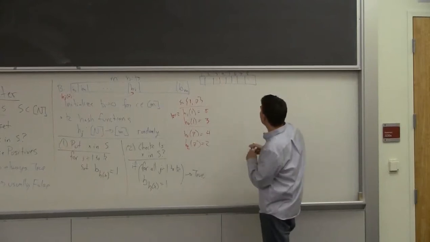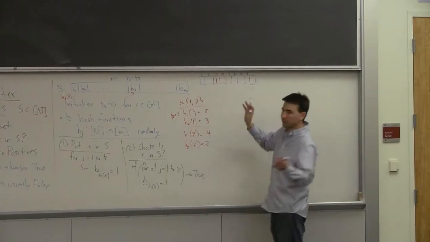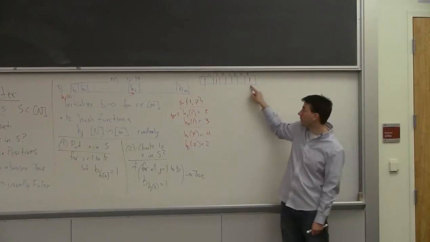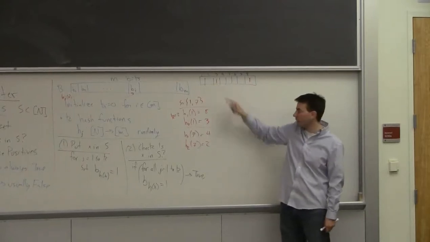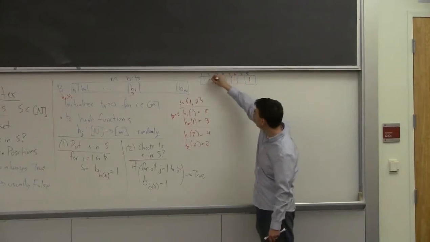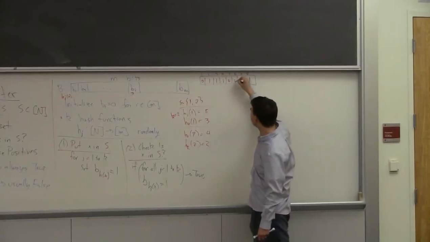Okay, if it's empty, it means it's 0. When I put 1 into the set, I fill in a 1 for spot 8 and for spot 3. When I put 7 into the set, I fill in a 1 for 4 and 2. And everything else is implicitly 0.